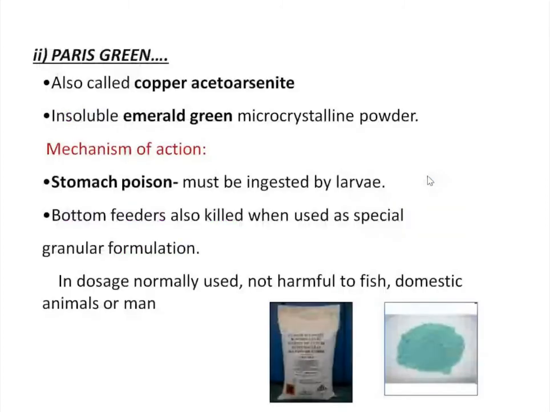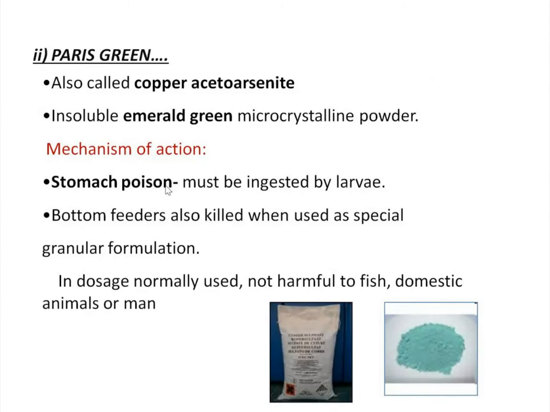The next category is Paris green. Paris green is a larvicide. This is a picture of Paris green. The color of Paris green is emerald green. It looks like an emerald green colored powder. It contains copper acetoarsenite. The mechanism of action, how it kills the larvae: it is a stomach poison.